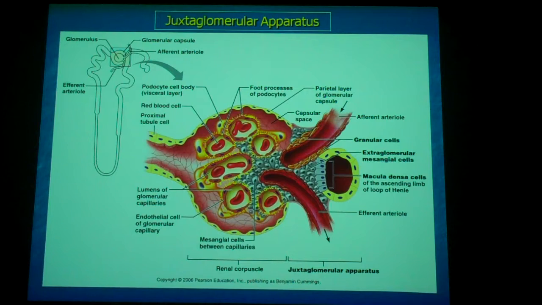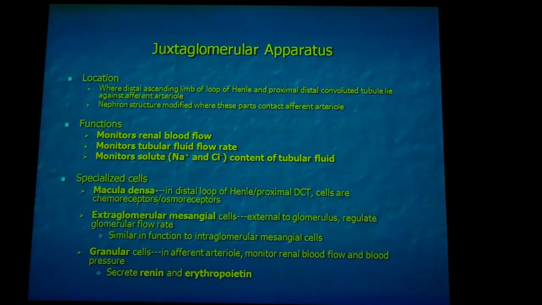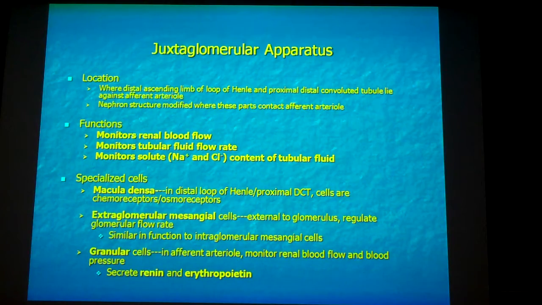So if blood volume and blood pressure drops in the body, isn't that going to affect how much blood is flowing into the kidney, and therefore how much blood is flowing into afferent arterioles? So it's going to make a big difference in the way the body responds to that.